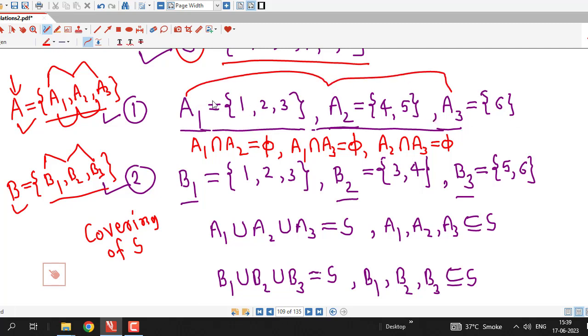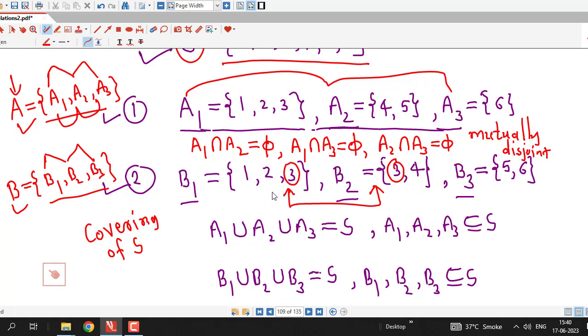If I take the intersection of any two of these three sets, then their intersection is empty. Therefore these sets are mutually disjoint. And here we can see that B1 and B2 are not mutually disjoint, because there is one common element, 3, in B1 and B2. Therefore their intersection is not empty.